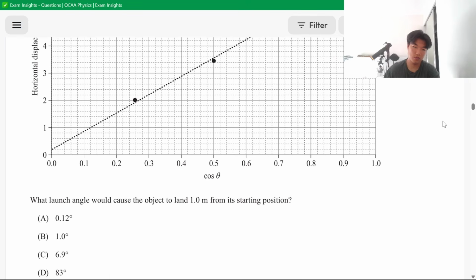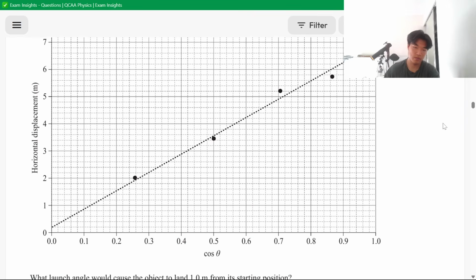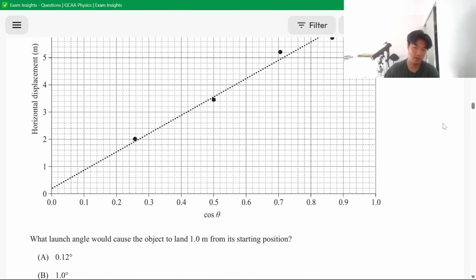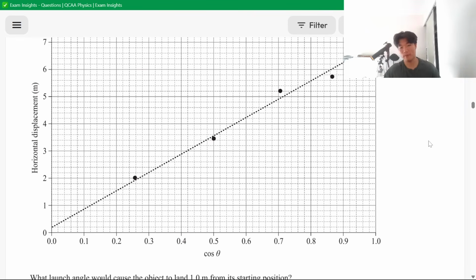What launch angle would cause the object to land 1 meter from its starting position? Well, on the graph, if you go to 1 meter, you could say it's approximately 0.12 for the x value.